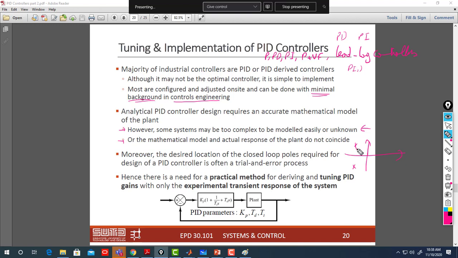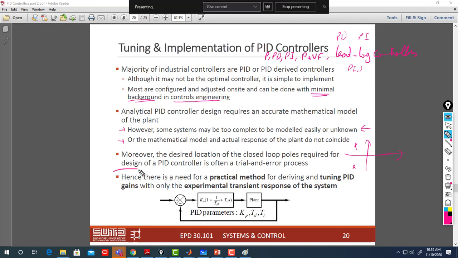But if it's a higher order system, you may not reach your settling time or your overshoot, so you need to retest the system and tune a little bit to reach your desired behavior.